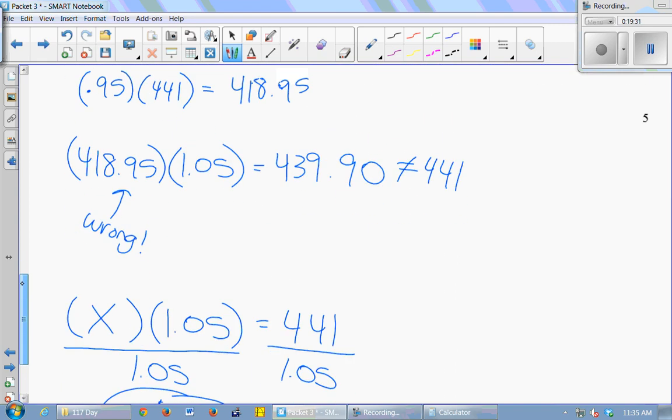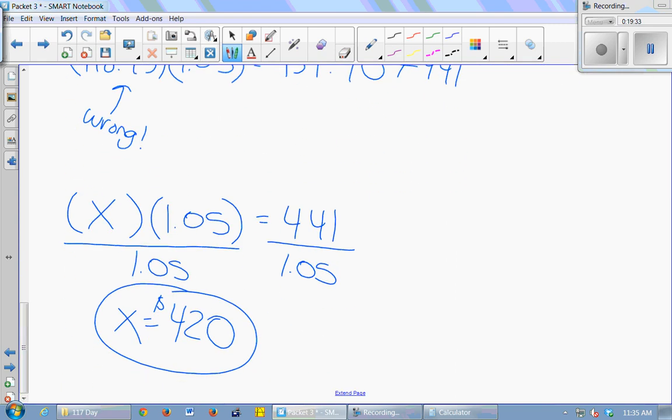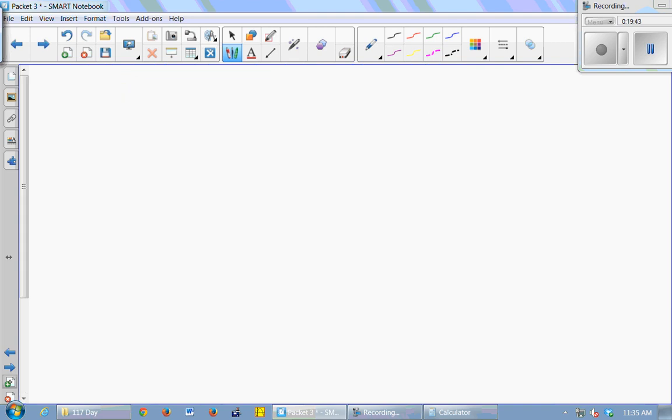So to increase something by 5%, you multiply by 1.05. Why didn't the other approach work? That's a really good question. Let's start with something that's $100. Base price.